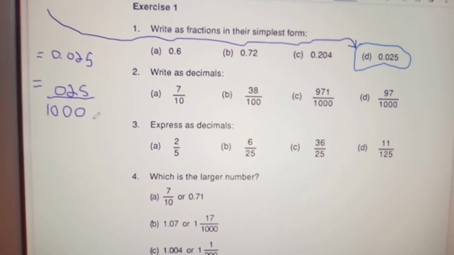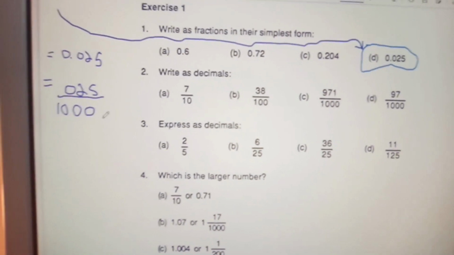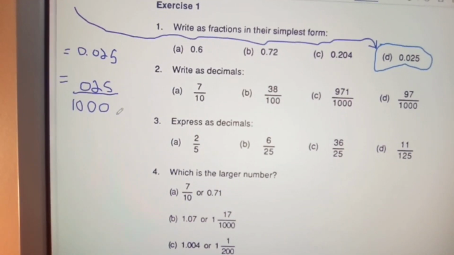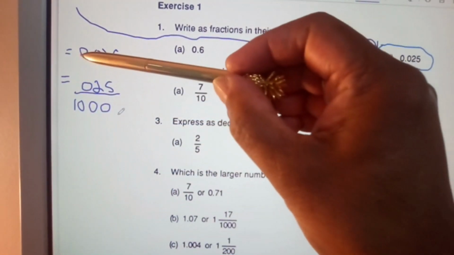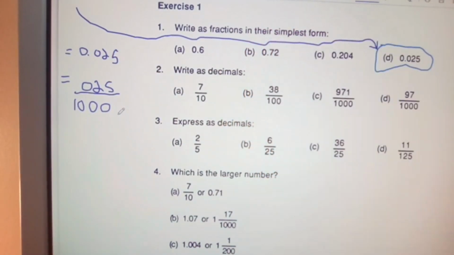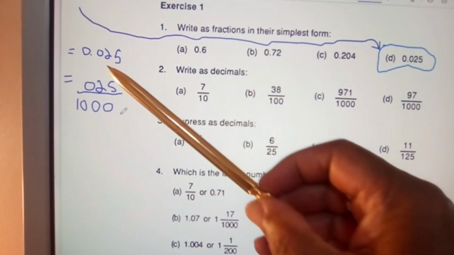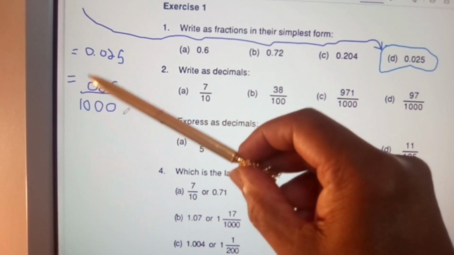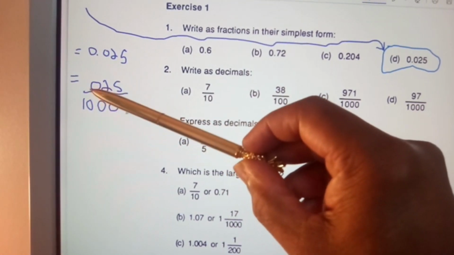Now something is interesting here actually, because when you look at 0.025, it's very interesting to consider that we have no tenths in this situation here.